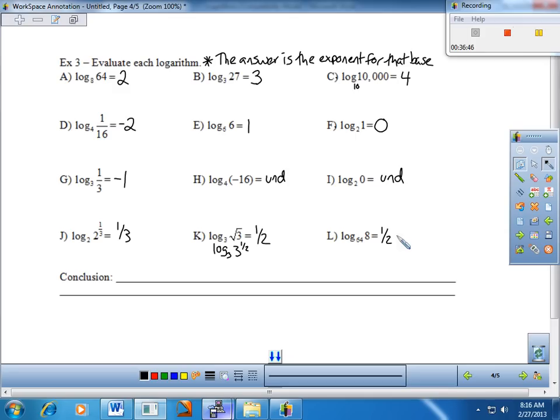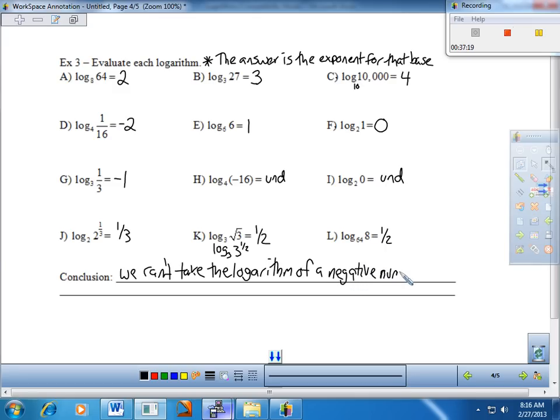Okay, well, again, you're just going to have to get a little practice on that piece. But let's conclude this and start to bring this whole thing to a general conclusion. But let's write a couple things in here. What I saw from this particular exercise set is, first and foremost, we can't take the logarithm of a negative number or a 0.